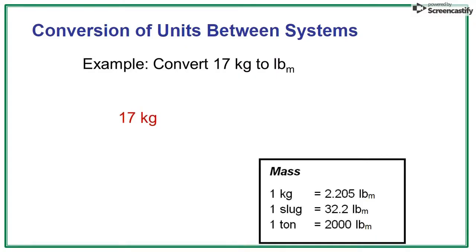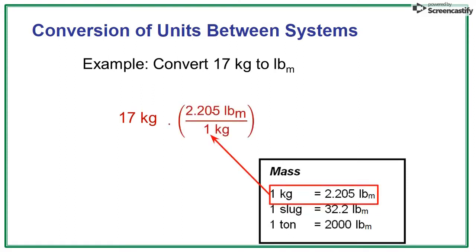Let's see another example, but this time we'll convert between units of mass. Begin with the given quantity and find an equivalency, or a series of equivalencies, that relates the given unit to the desired unit. In this case, the equivalency is given in your formula sheet. Write the conversion factor so that the given units cancel and the desired units remain.